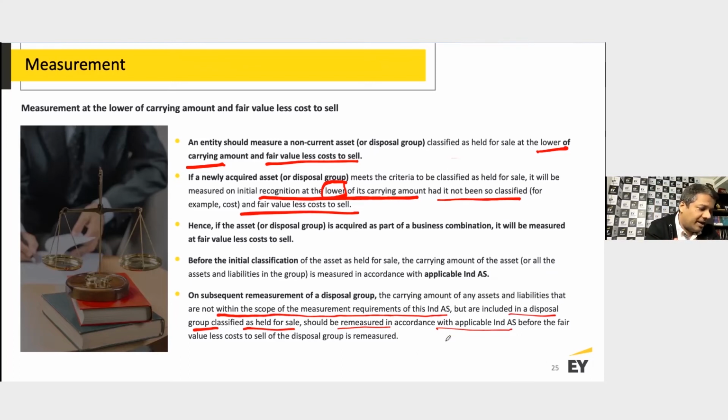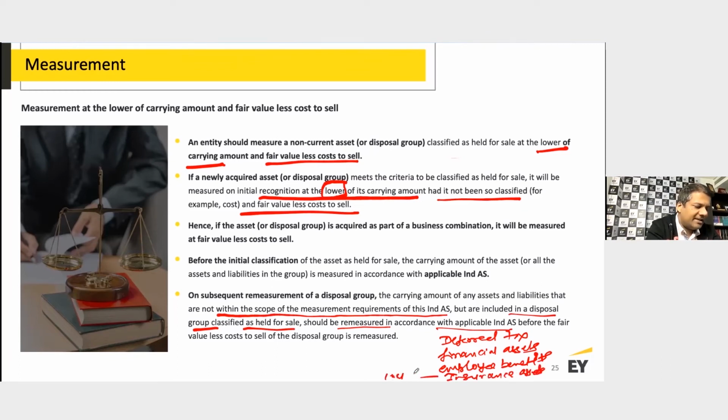And remember what those things were. We talked about it: deferred tax, financial assets, employee benefits, insurance assets.